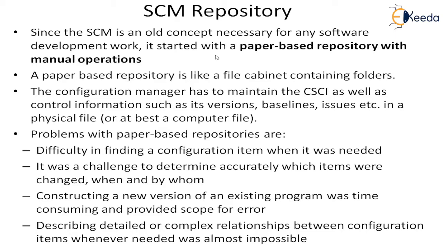It started as a paper-based repository, or in other words, a manual operation. You can think of a paper-based repository as a file cabinet which contains folders. Instead of a computer with folders, a file system or a database, and applications, it has a file cabinet containing folders and human beings opening it and referring to it. So that is why it is paper-based and manual.